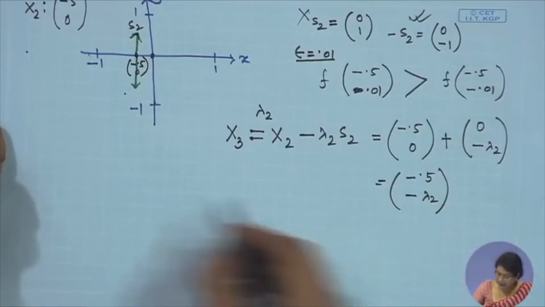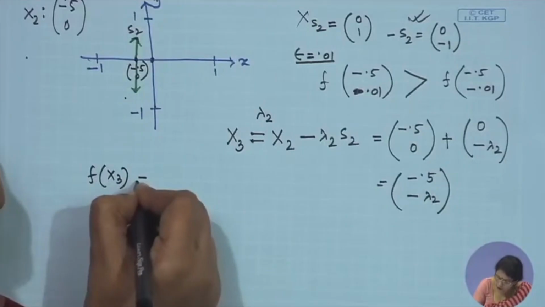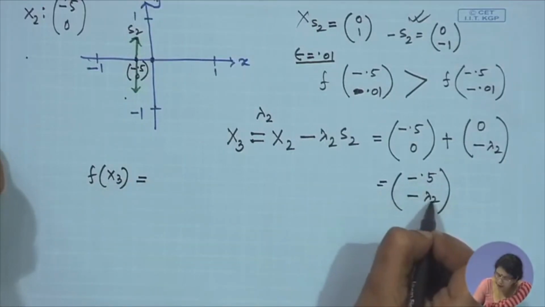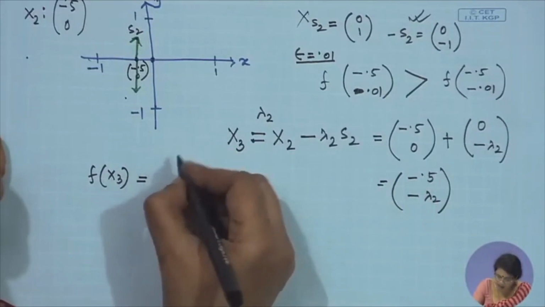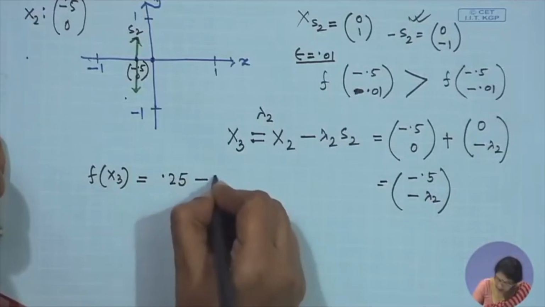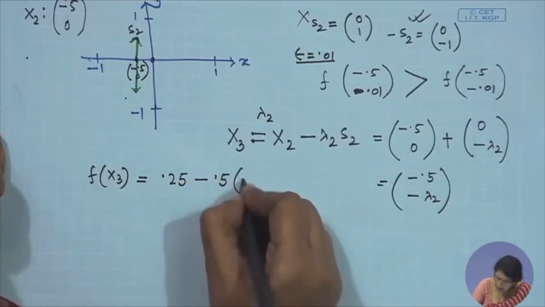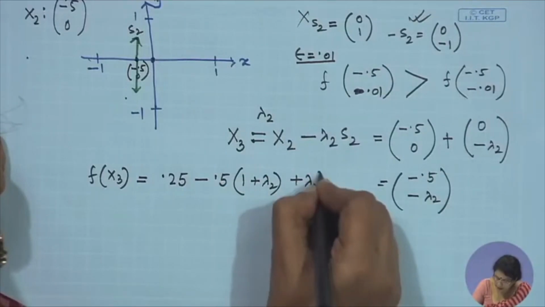Now let me find the functional value at x3, which is a function of lambda 2 rather. Then what would be the function? I will get x square plus x into 1 minus y plus y square.